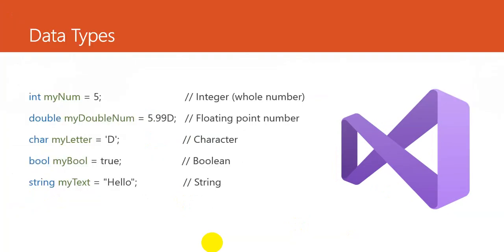Similarly, there are other data types like double, char, bool, string. In char, character, you can store a single value. In double, you can store a floating point number, and you can use d after the value.